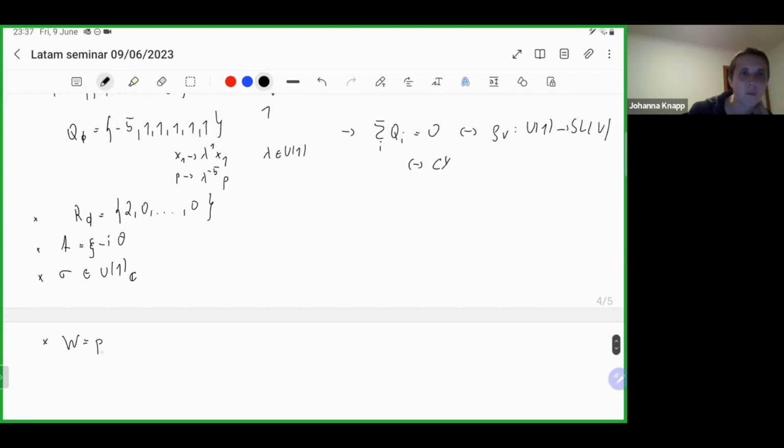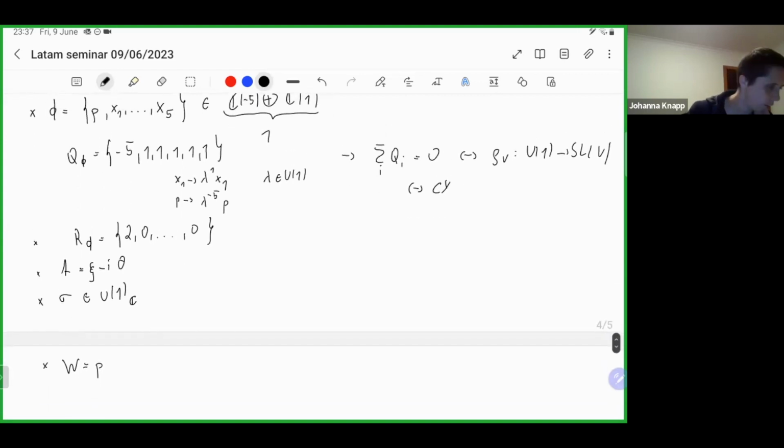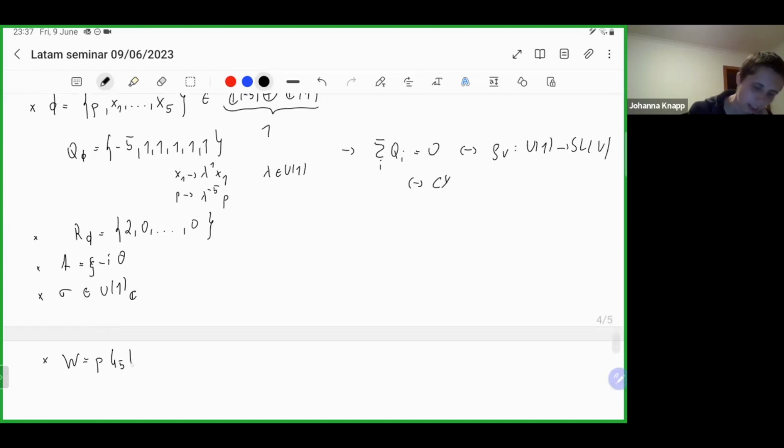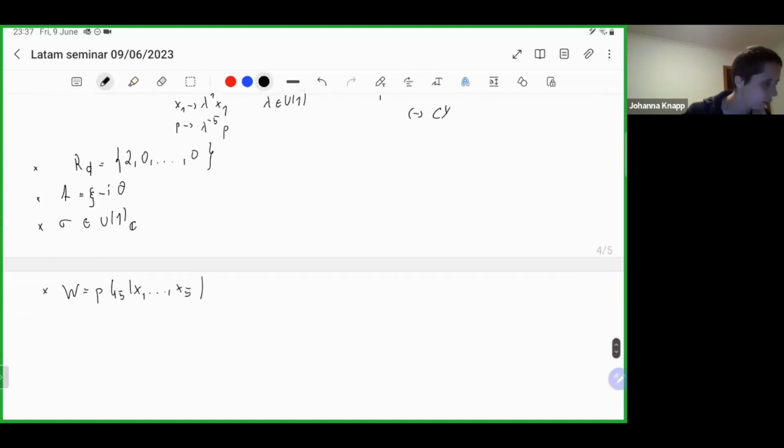And that has gauge charge -5. So we'll have to multiply this with something that has gauge charge +5, which is, as we've seen before, a generic degree 5 polynomial in these 5 variables. So the quintic already wants to make an appearance and the conditions are satisfied.